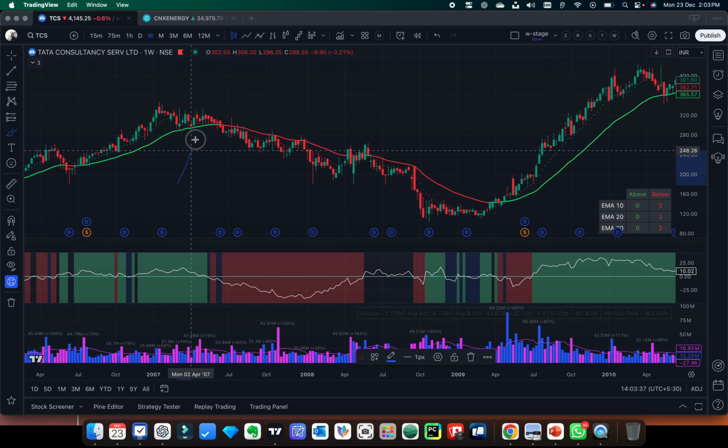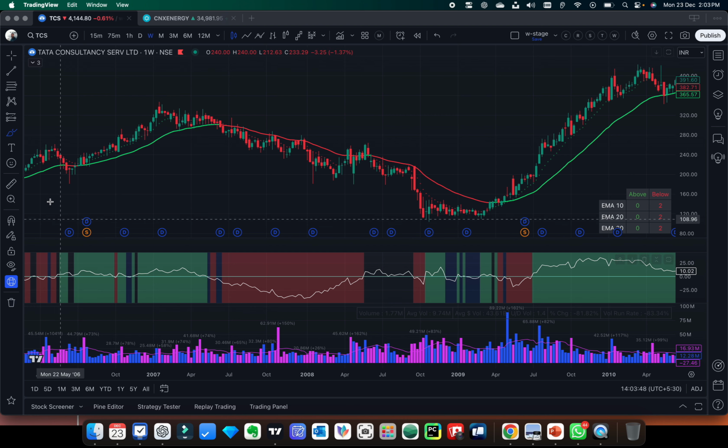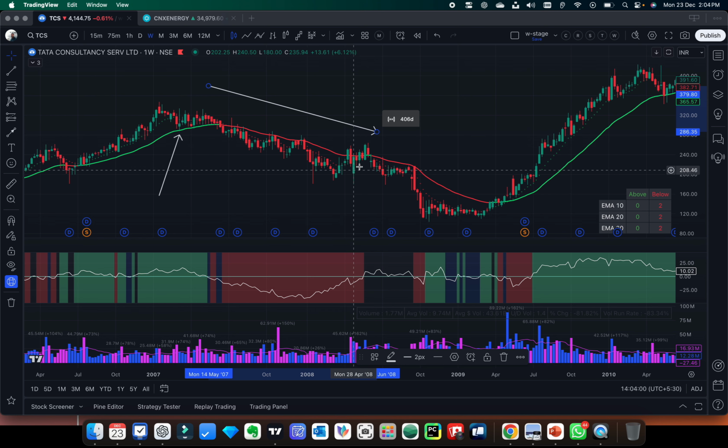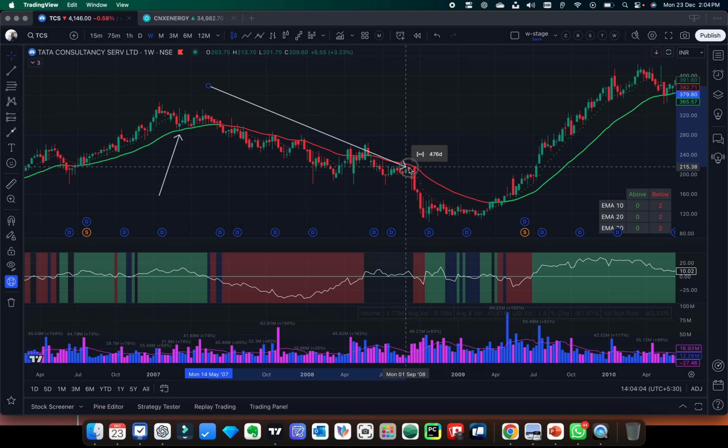This is the 30-week moving average on the weekly candle chart. Let me just clear the screen. This is the 30-week moving average. As you can see here, the moving average is red, so prices are closing down. Occasionally it might come above or on the moving average, but still it is taking a resistance and going down.